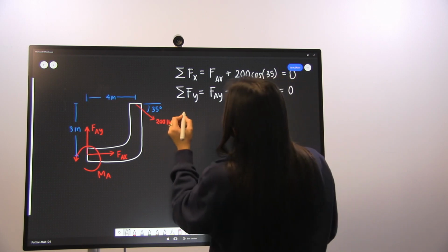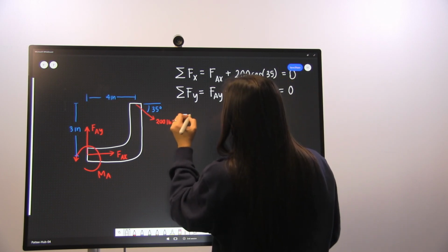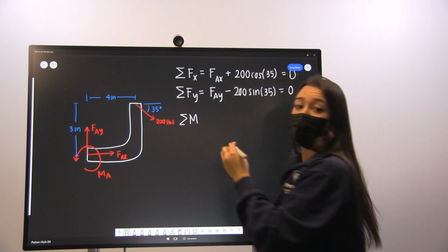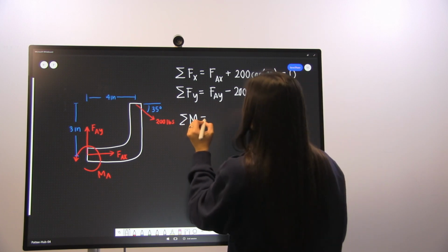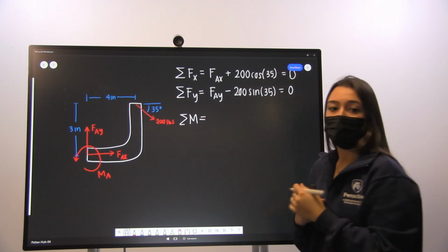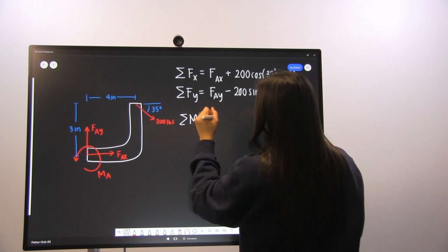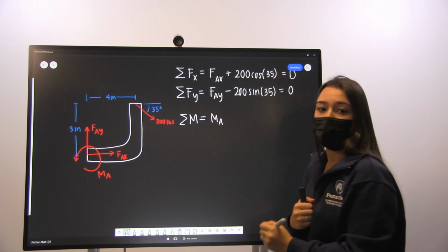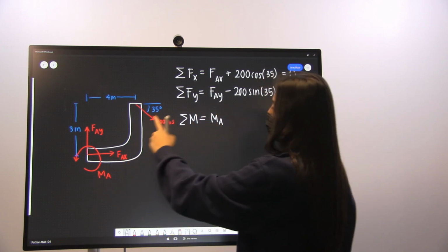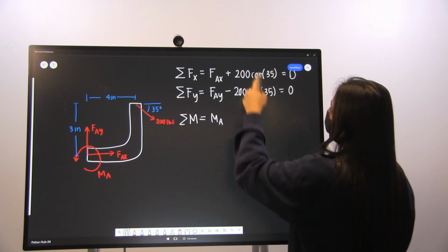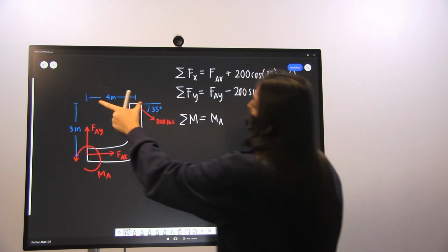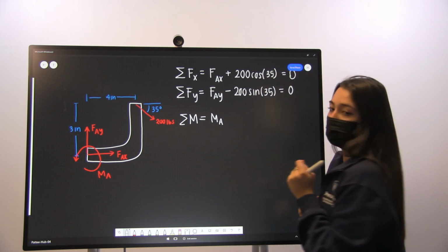And now what we can do is the same process again, but with our moments. So we have our moment at A, and then we have to take into account the cosine and sine components that we calculated here, but acting at the different distances.